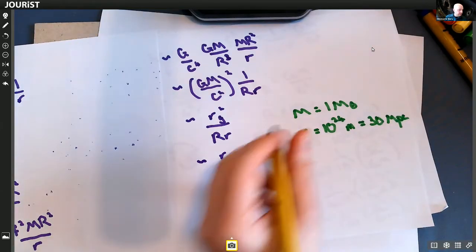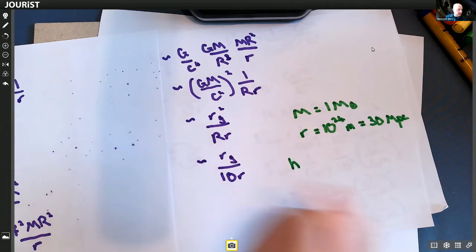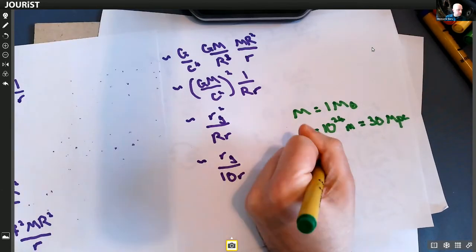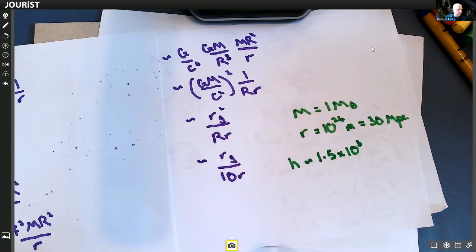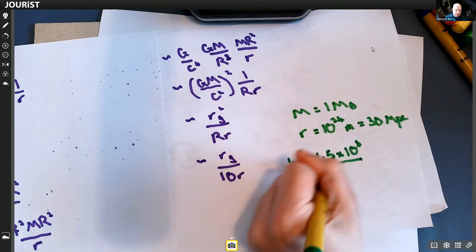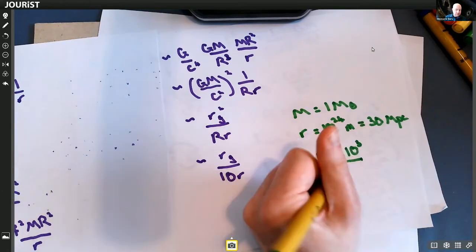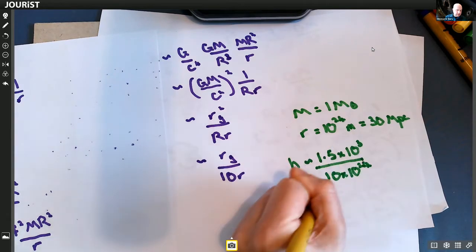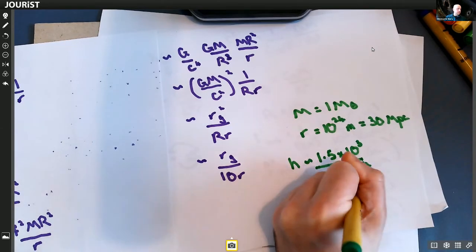You'll find that if you substitute in to here, you'll get something which is roughly 1.5 times 10 to the 3 for the gravitational radius, and that 10 times r is going to be roughly 10 times 10 to the 24, which works out to be roughly 10 to the minus 22.